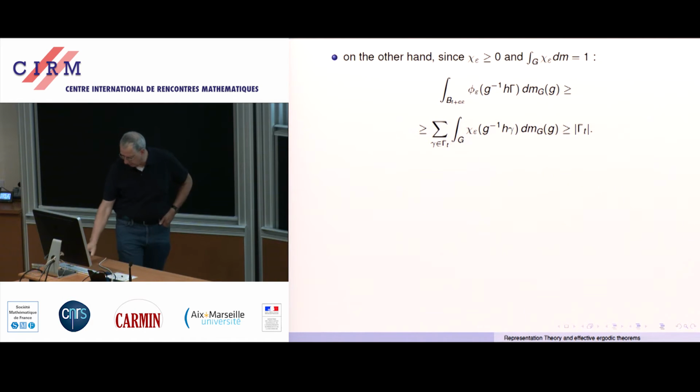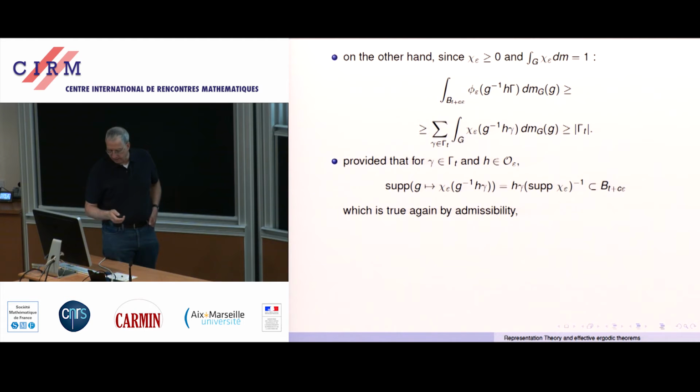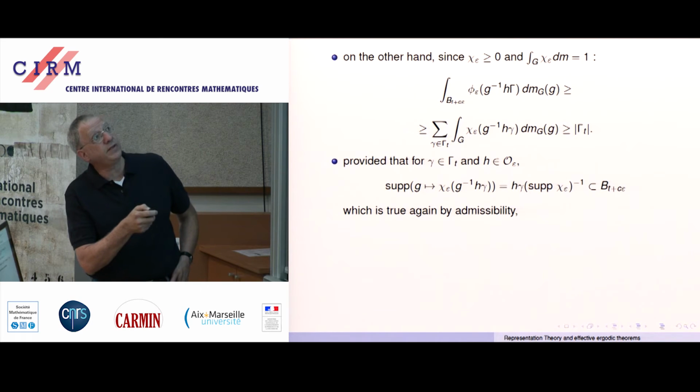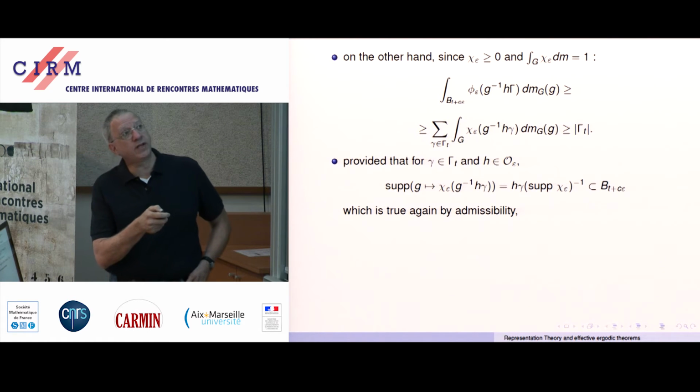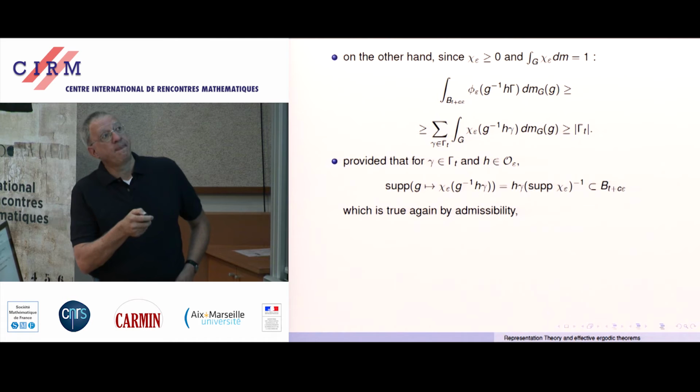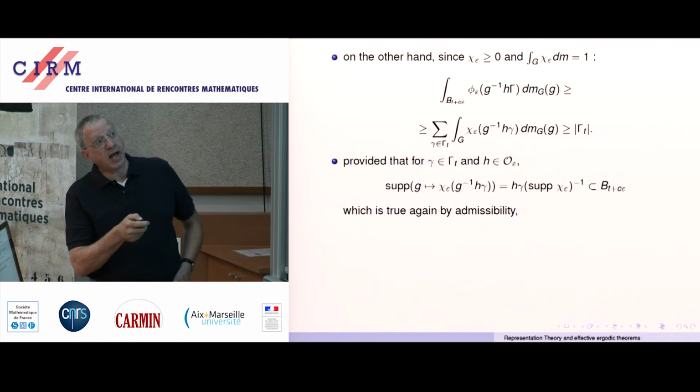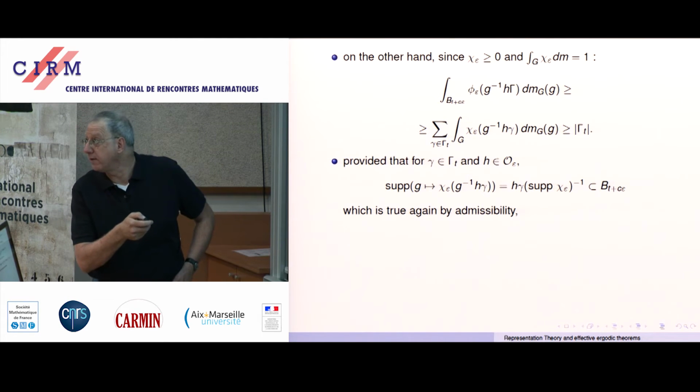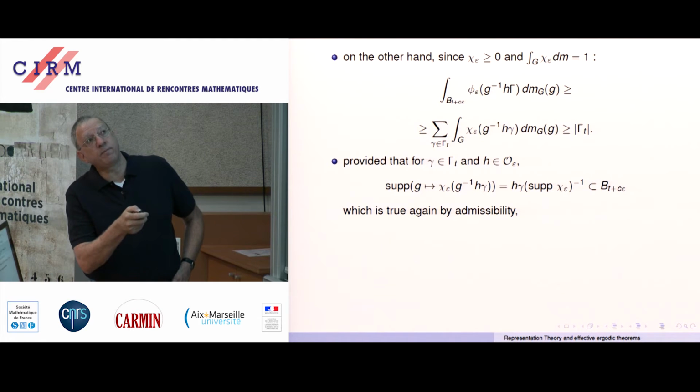And the reason why this is true is that we can use this inequality provided that for gamma in gamma t, and for h in this small neighborhood, the support of this function, g goes to chi epsilon g inverse h gamma, which is h gamma times the support of chi epsilon inverse, is contained in bt plus c epsilon. In that case, our integral over the little characteristic function is 1. So we pick up at least all the points in gamma t.